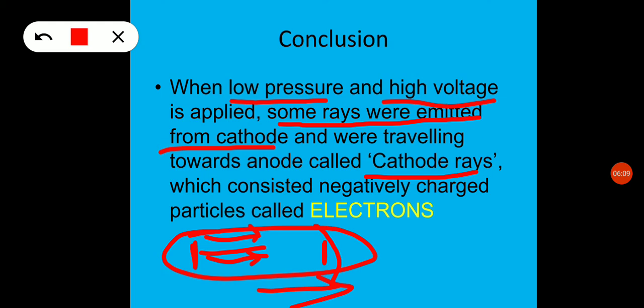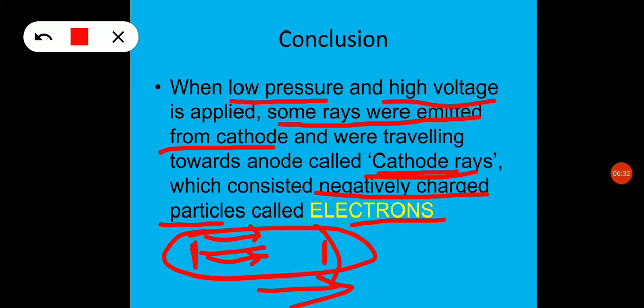These rays consist of negatively charged particles called electrons. Clear? This is how the electrons were discovered. At low pressure and high voltage, rays were emitted from the cathode and traveled towards the anode.